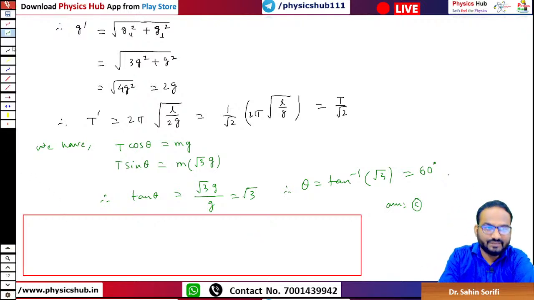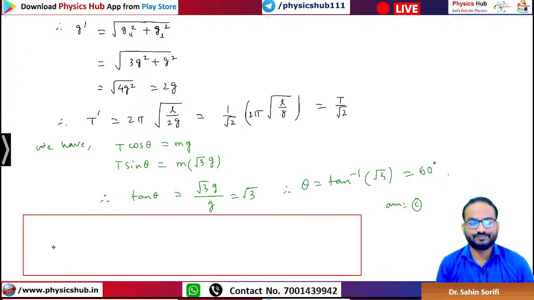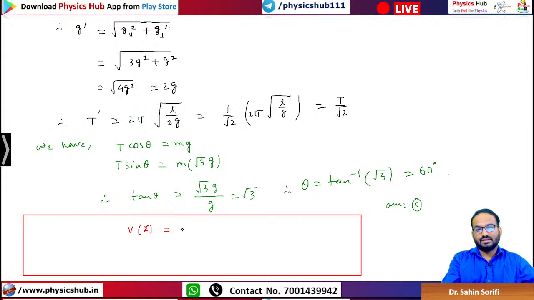Okay, just remember this very special formula. Maybe you will be able to solve direct questions from this. If a particle moves in a potential of the form V of x equal to k x to the power 2 alpha, you have to represent it in this way, k x to the power 2 alpha, then the time period T of the particle will vary with energy in this form.